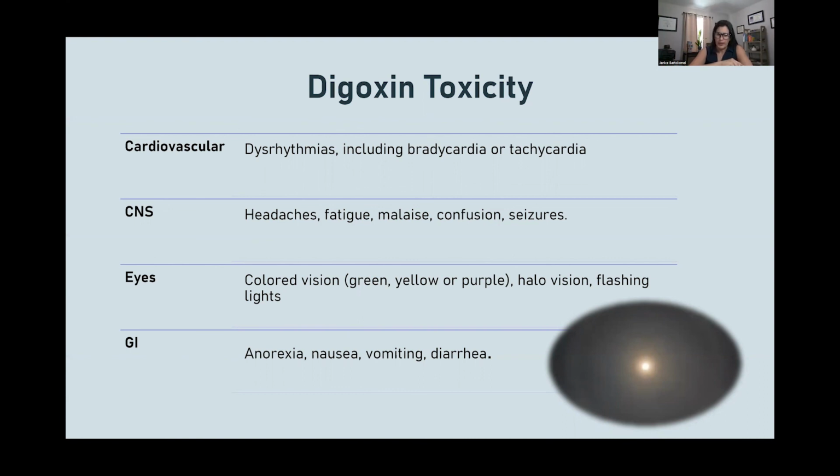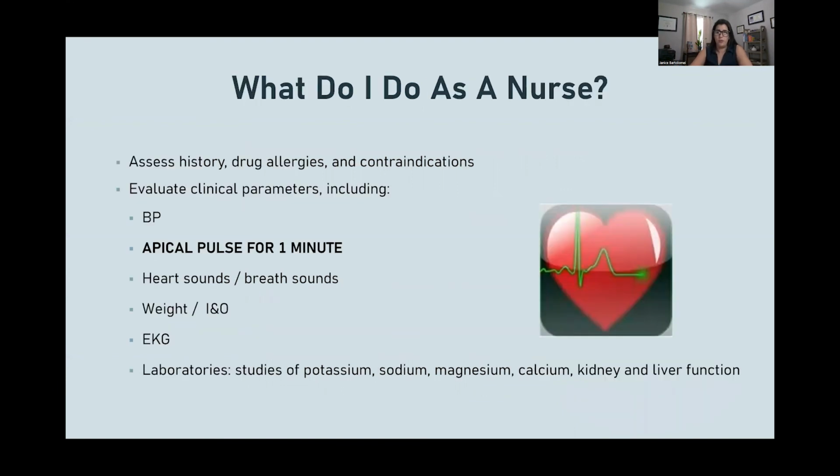What do we do when we're caring for a patient on digoxin, or when we're going to administer digoxin? That's very important for a nurse to know. First of all, we need to assess the history, drug allergies, and any contraindications, such as low potassium. Look at their electrolytes, and look at whether this is a kidney patient for whom it might be contraindicated. We also have to check their blood pressure, because it can lower blood pressure, and their apical pulse.